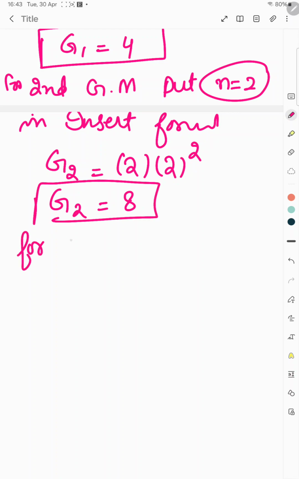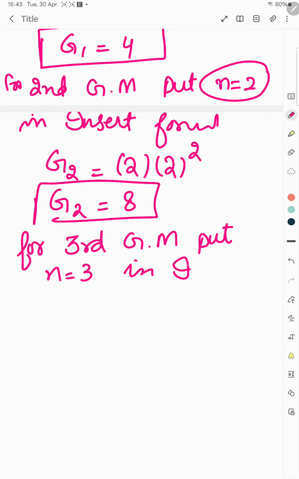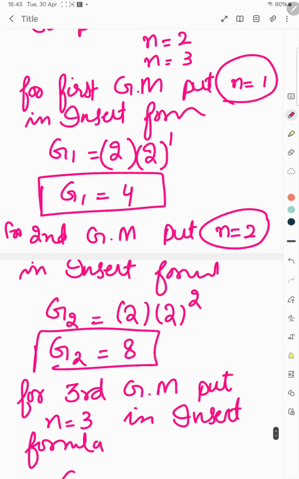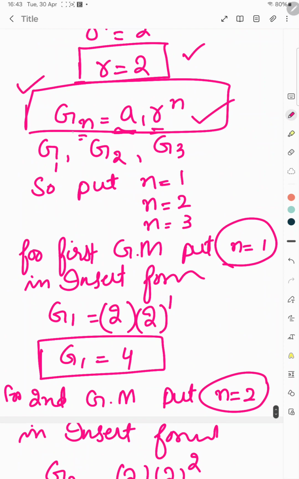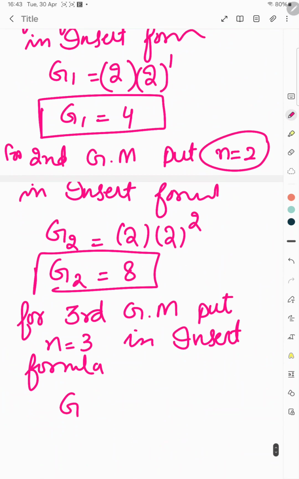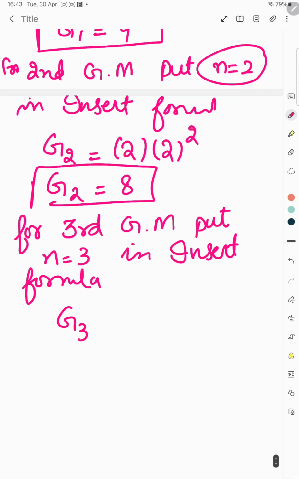Now for finding the third geometric mean, put n is equal to 3 in the insert formula. So the insert formula is Gn, and instead of writing n I will write 3.